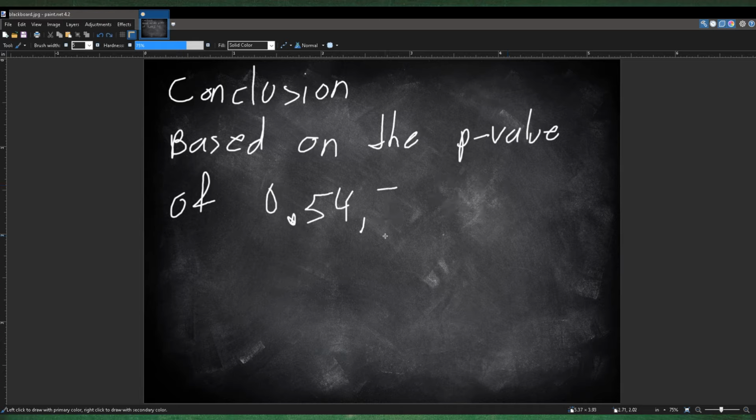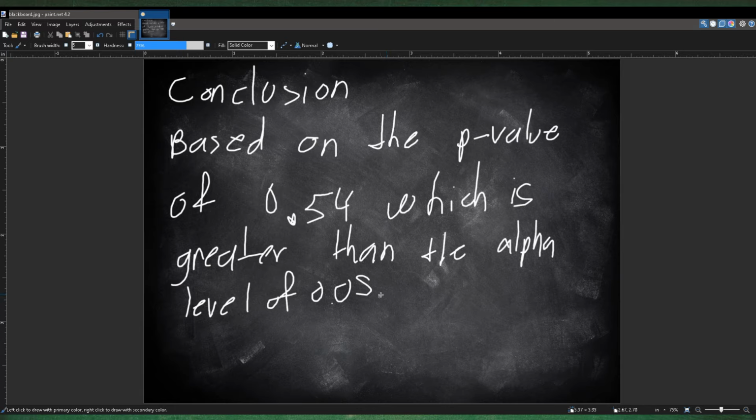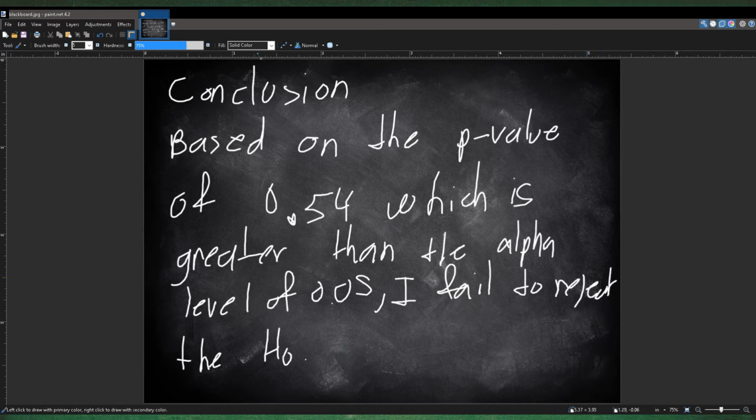Of 0.54, which, because you compare it to the alpha level, is greater than the alpha level of 0.05, I fail to reject the null hypothesis, so the H0. And you say they lack evidence.